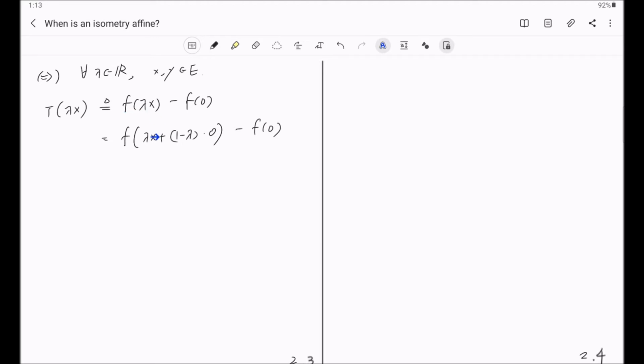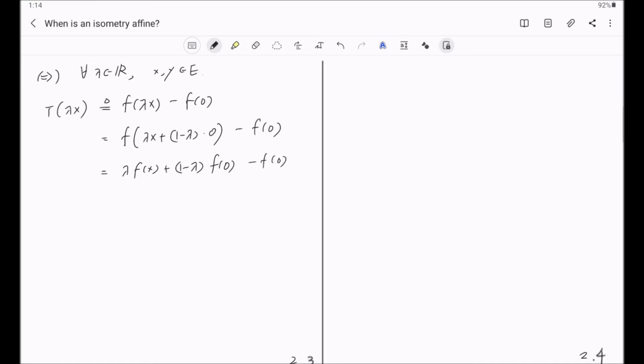Here, we are going to create a linear combination. And it seems to us that the only choice will be to add a 0. So this guy is equal to lambda times f of x plus (1 minus lambda) times f of 0 minus f of 0.